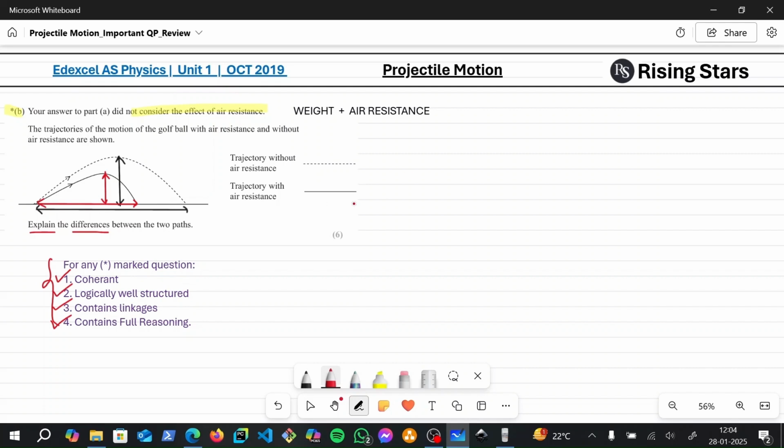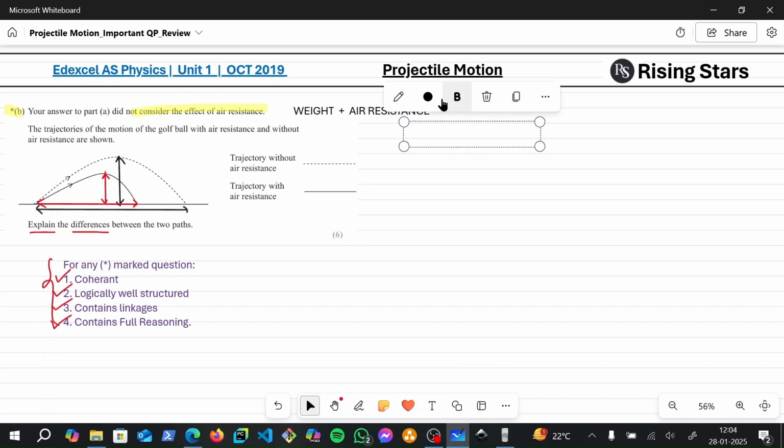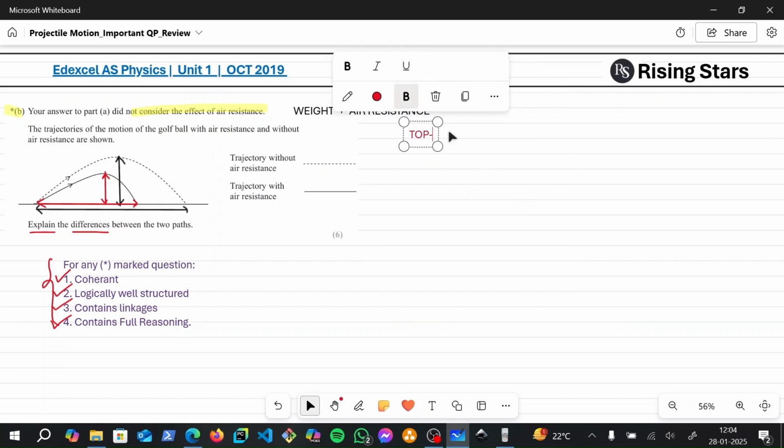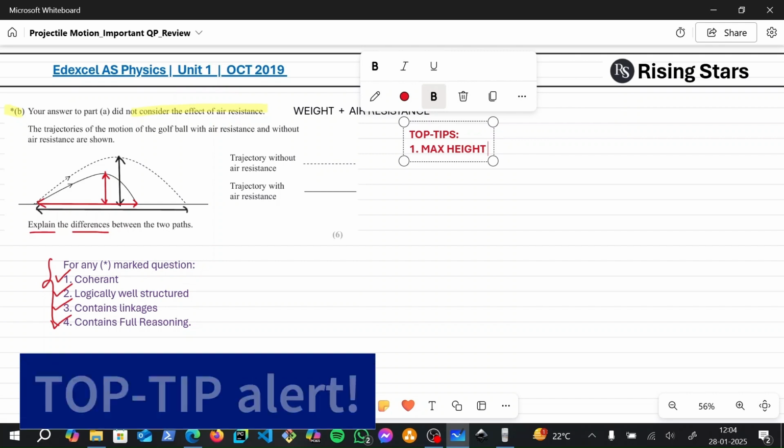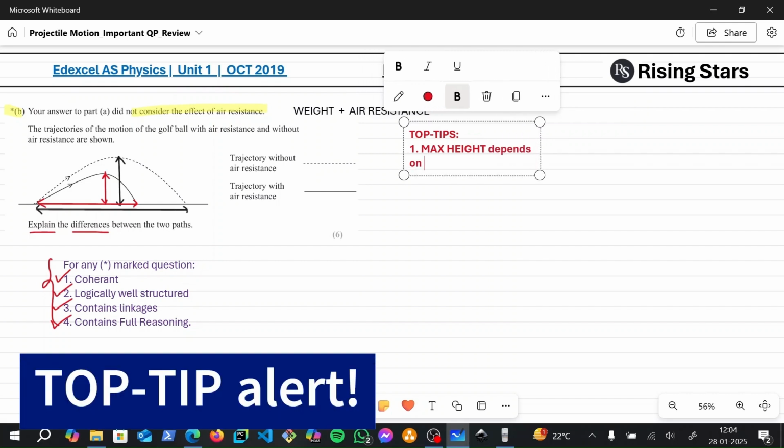So you might be wondering how to get the 6 marks out of these 2 points only. You'll see that shortly. Before that, there are 2 top tips for you. Always remember them for projectile motions, especially questions like this. Top tip number 1: the max height of the projectile depends on the vertical velocity.